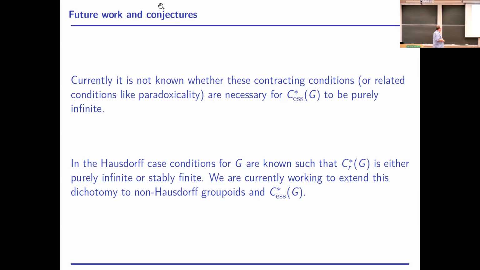And in the Hausdorff case, conditions for G are known such that the reduced C-star algebra is either purely infinite or stably finite. This is something I didn't really go into in this talk, but we're currently working to extend this dichotomy to non-Hausdorff groupoids and the essential C-star algebra. So I'll end there, and thank you for your time.